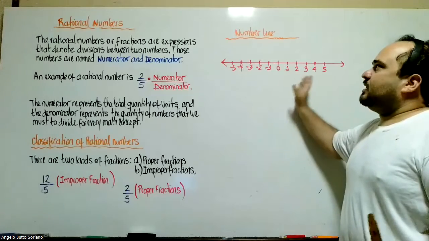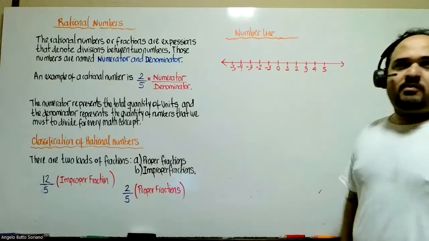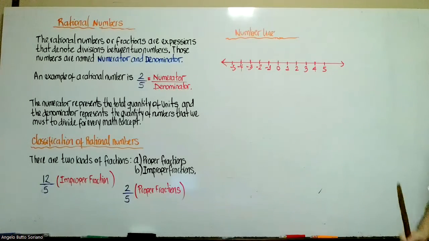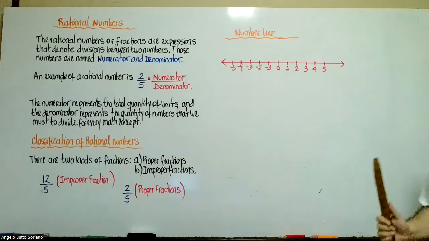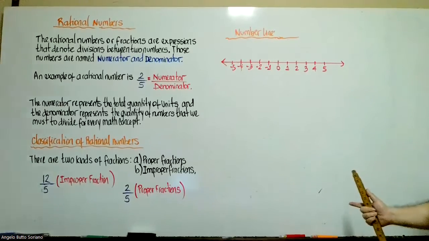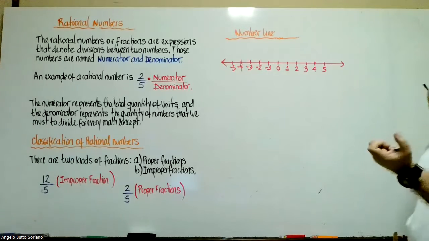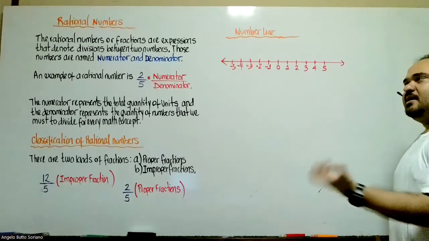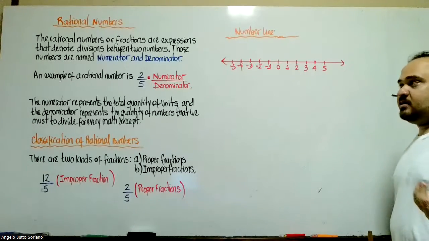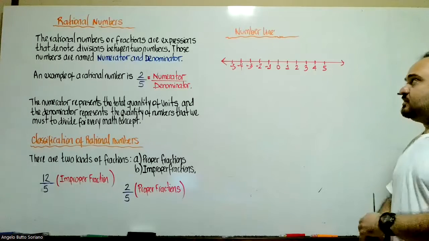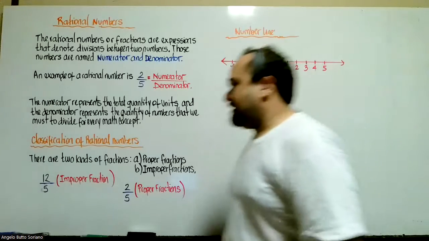Remember the number line. This is a place where we line up positive and negative numbers, actually whole numbers and decimal numbers. And fractions are another way to express decimal numbers without using decimals. How can we explain that?